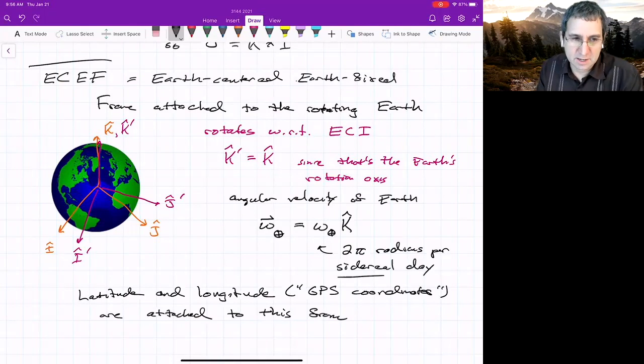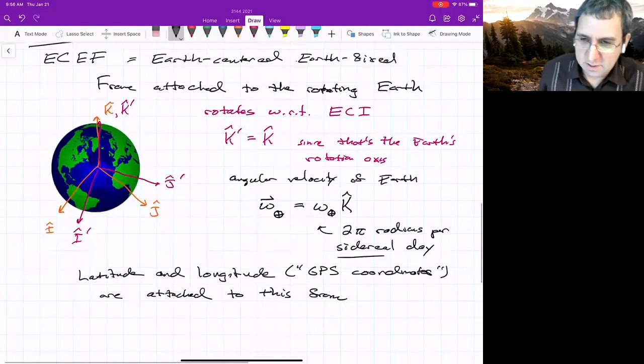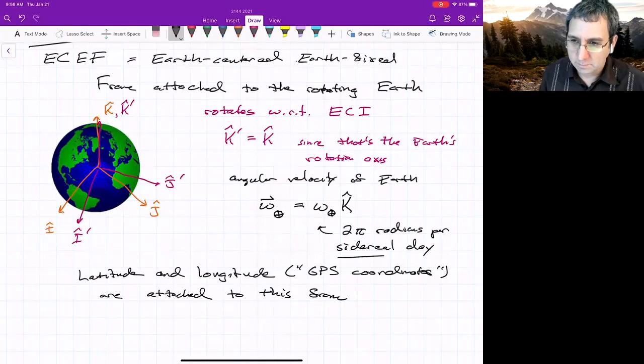And it's complicated because, unfortunately, this is moving. Latitude and longitude are actually moving, all right? So, we'll say more as that becomes necessary. Just think of it as there is this frame, and it's important because satellites need to point at certain spots on the Earth.